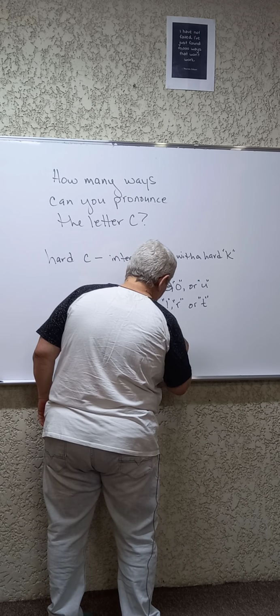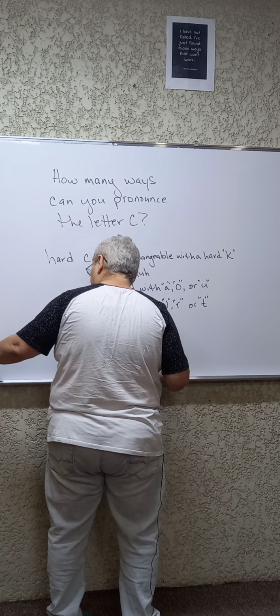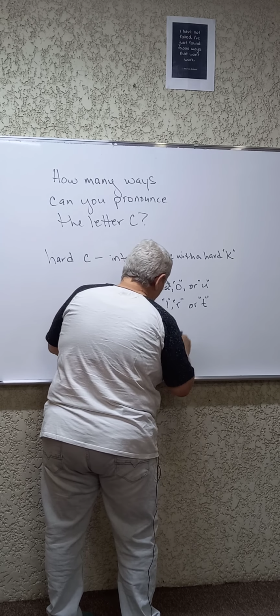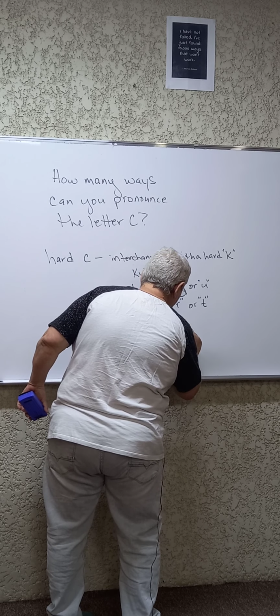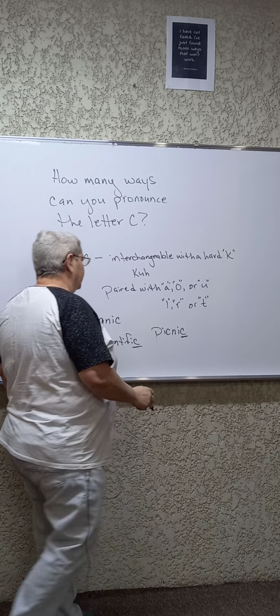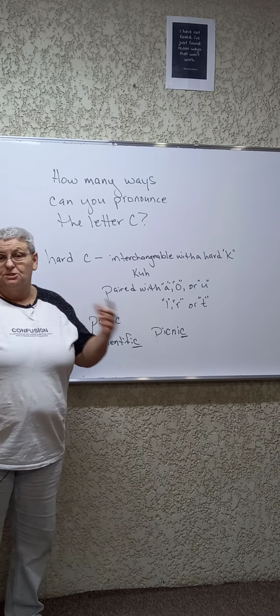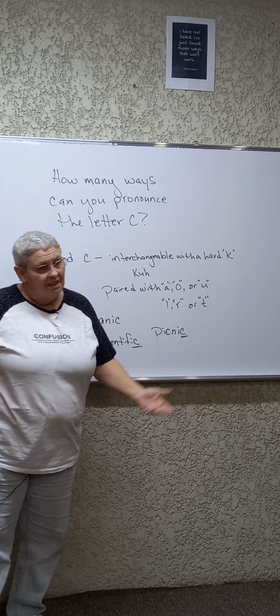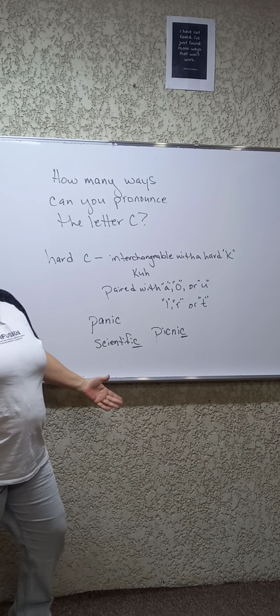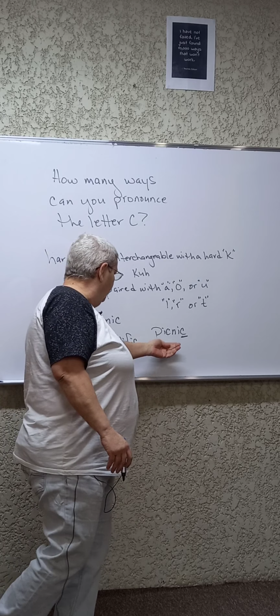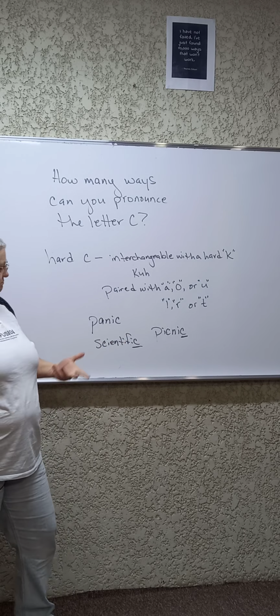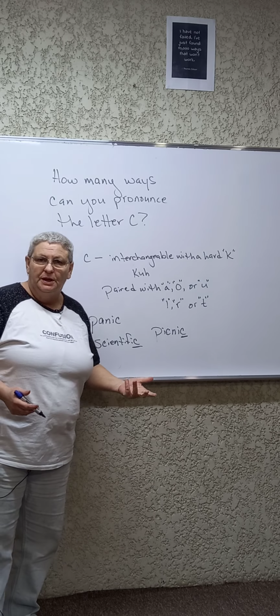Which is another one. Picnic. That's a hard C. All right? And yes, some people do spell it with a K. And it is acceptable for most people. I mean, you put a K on it, it's usually not the American spelling for it.